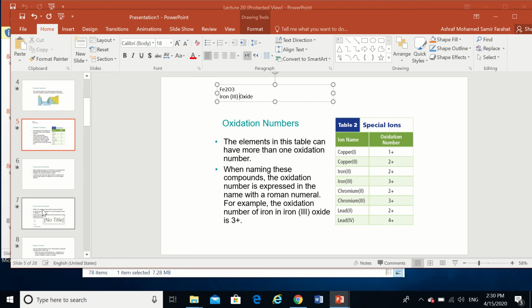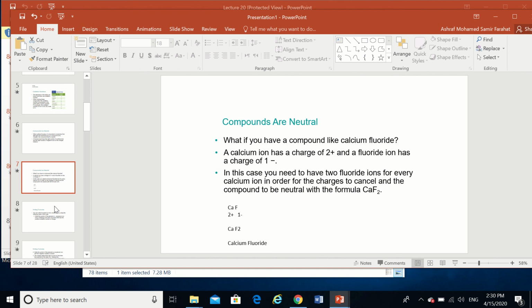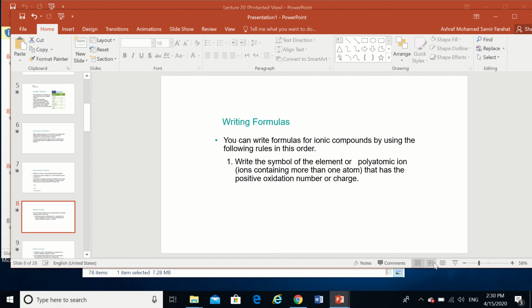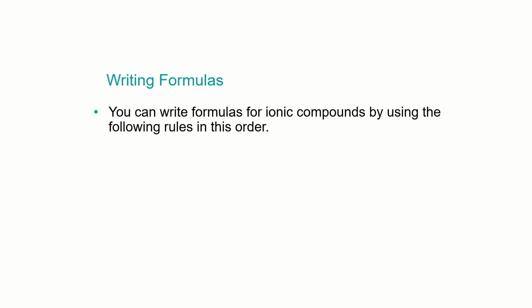So what we learned so far is how to name the binary ionic compounds, and how to start from the chemical formula and get the chemical name, or from the chemical name get the chemical formula, and we also have learned how to do those special ions with the Roman numbers 2 or 3 based on the oxidation number of the other elements.